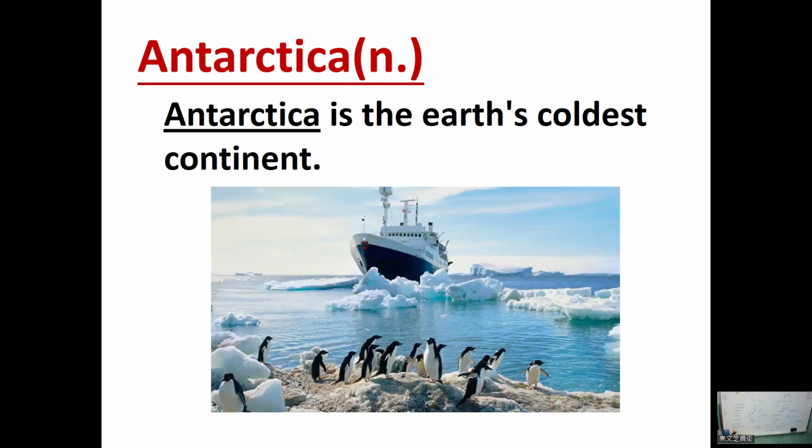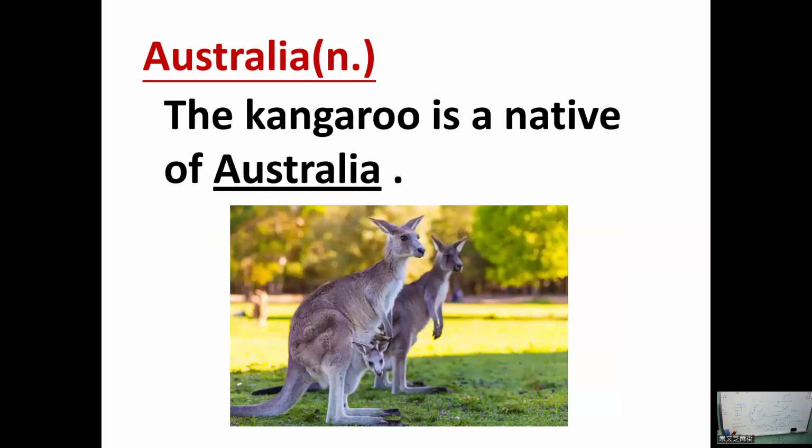Maybe people will just go there to travel, but they will not live there for a long time. Maybe you can stay one week, but not for a very long time, because they only have ice all around.